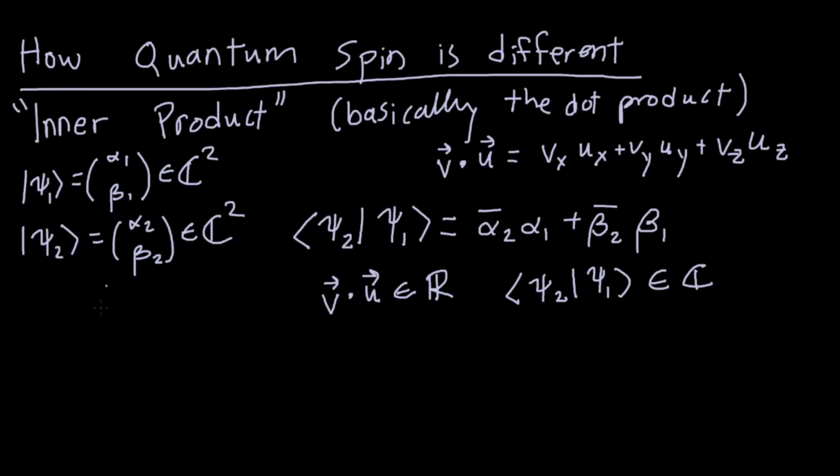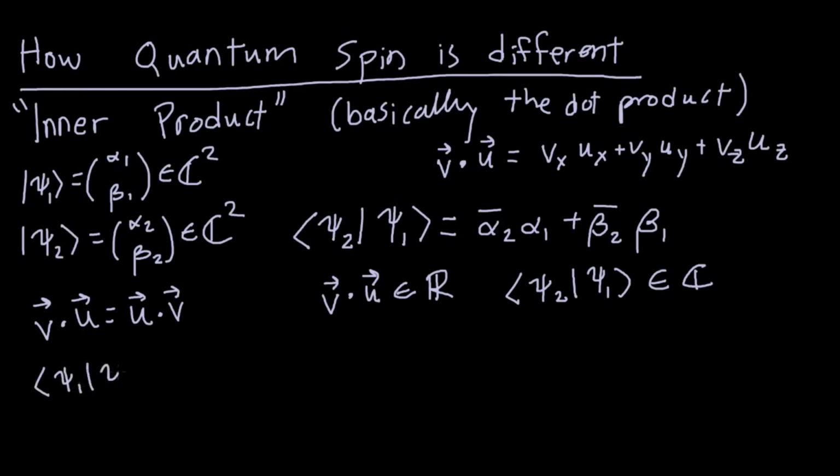Now, I want to point out one difference with the regular inner product. As you remember, v dot u is equal to u dot v. We said the dot product is symmetric. Here, this inner product isn't exactly symmetric.